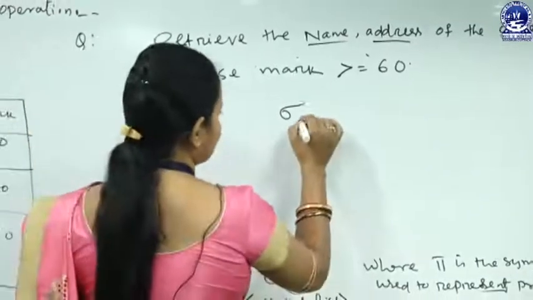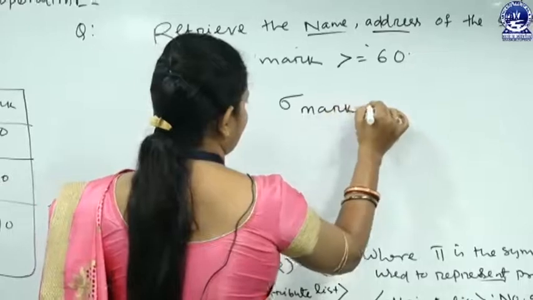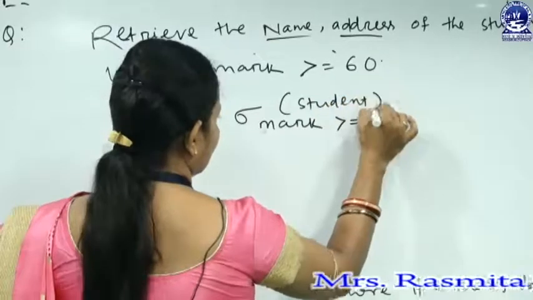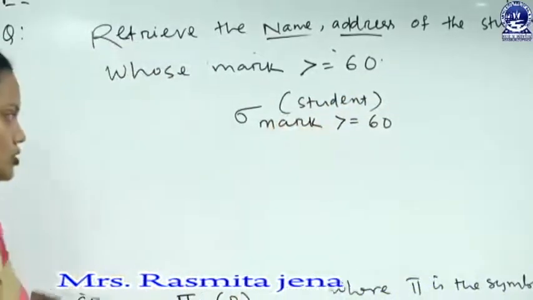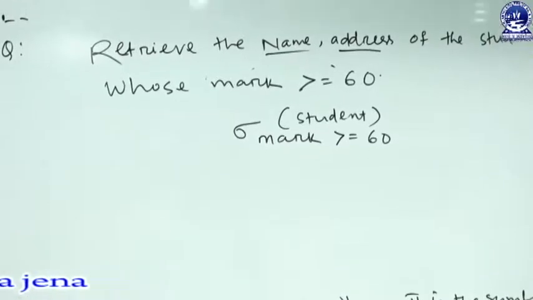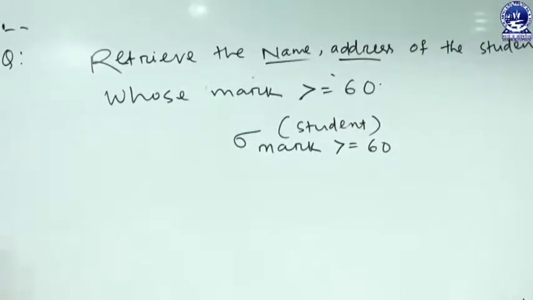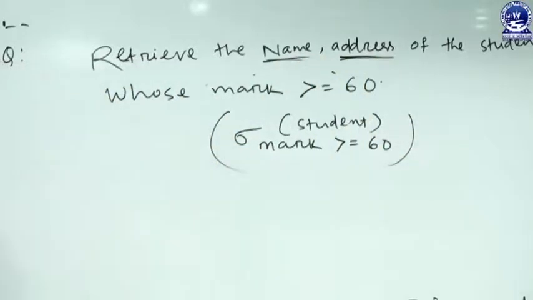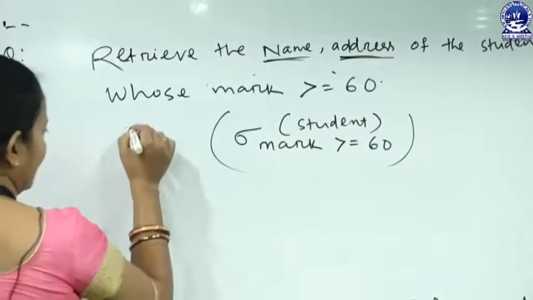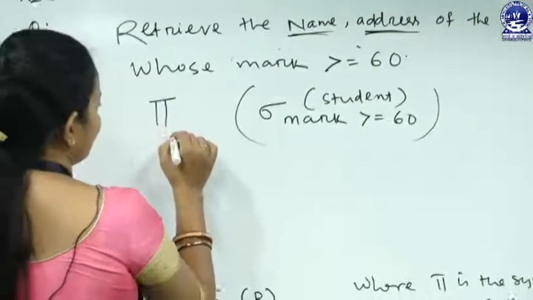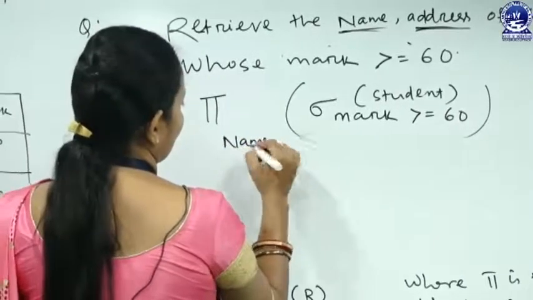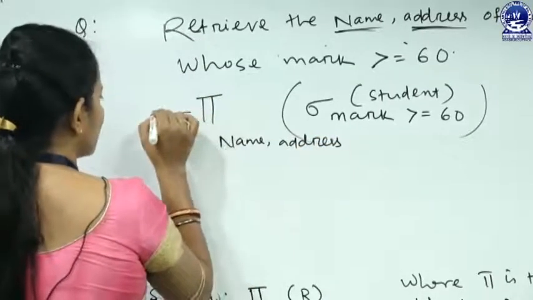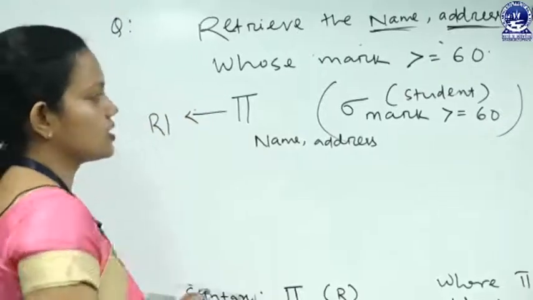For that we write the expression mark greater than or equal to 60 on the student relation. This expression will filter those tuples with mark greater than 60, but containing all attributes. Next we retrieve only the name and address of those students. Then we do a project operation, that is name and address. This will be stored in the resultant relation, suppose R1.